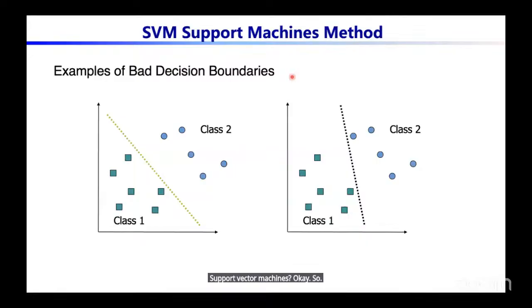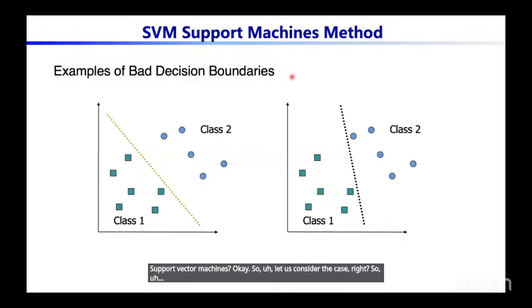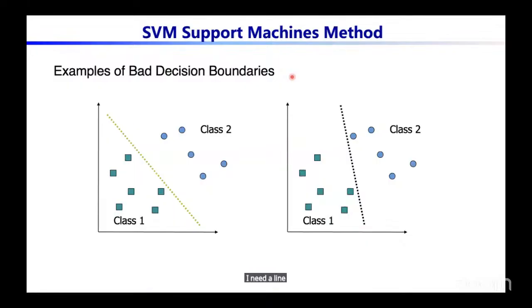So let us consider the case. You can draw any line to separate the samples here. So how can we define a line that is the best borderline to separate the samples?